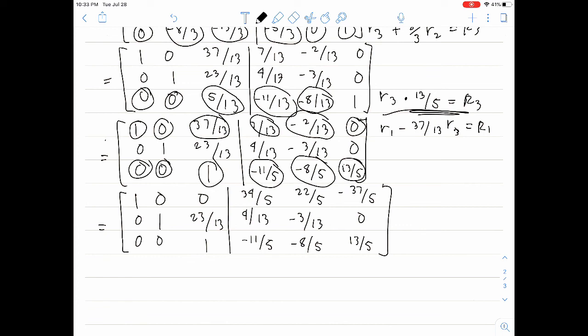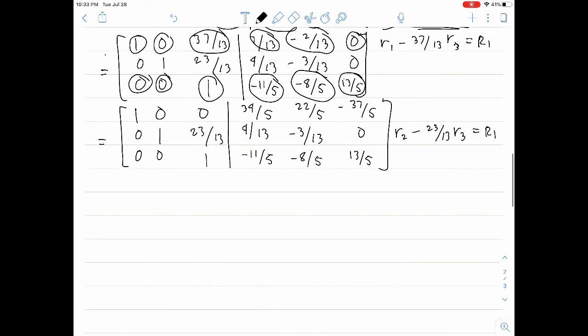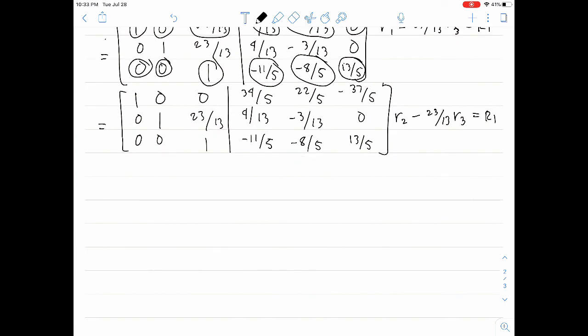Okay, so the last one. R sub 2 minus 23 over 13 times R sub 3 is equals to R sub 2.